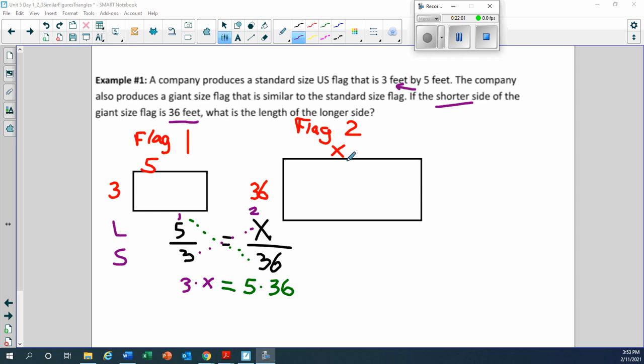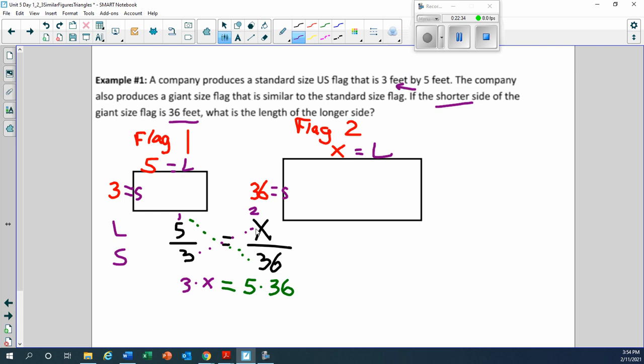Then for the larger flag, the longer side is X. That's your longer side. The shorter side, 36, that's for the big flag. So what we need to do now, put 36 on the bottom, X on the top. Now we're going to do our cross or diagonal multiplication, whichever you prefer to use.